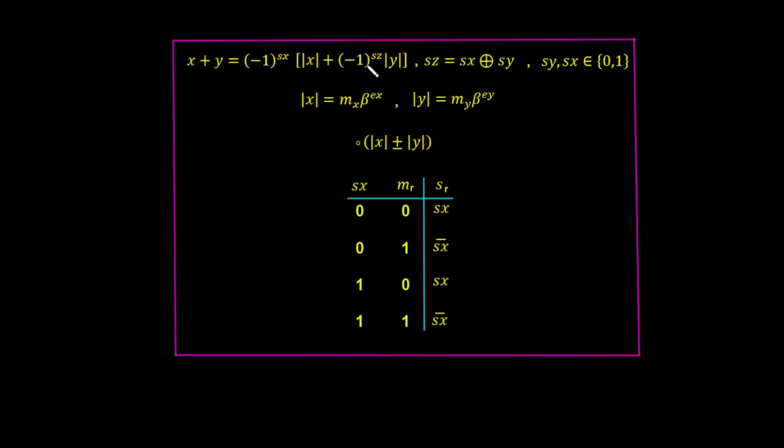So for example, if we had a minus 1 inside the bracket here, and we had a 0 here, then it would mean that we would have a minus times a positive, which would give us a minus, which would be the negation of this. So that would be, rather than a 0, it would be a 1. In this case here, if it was a 1, it would be a 0. So this is the final algorithm we're going to use in order to generate our adder and subtractor.